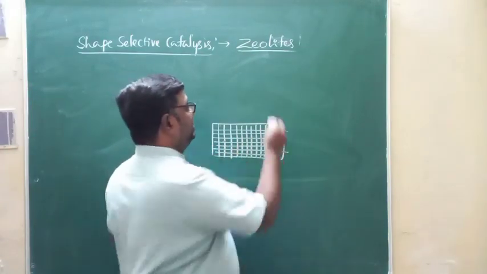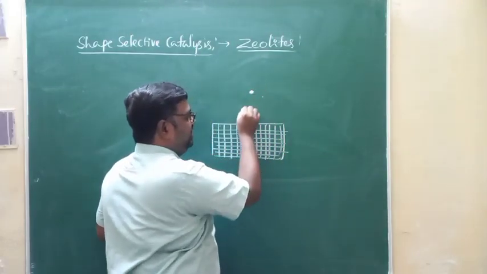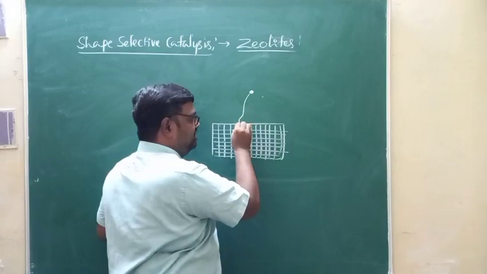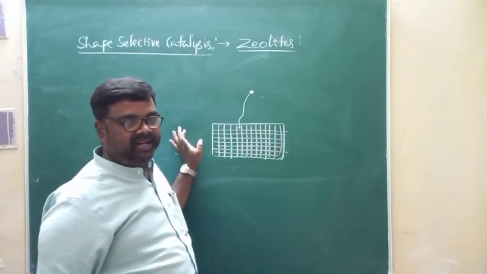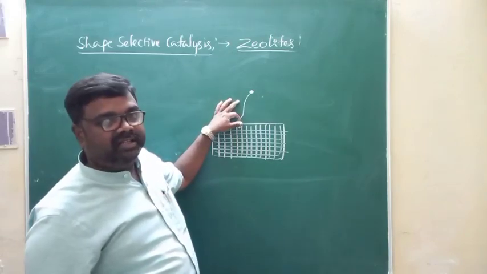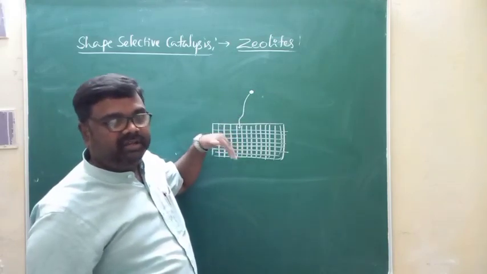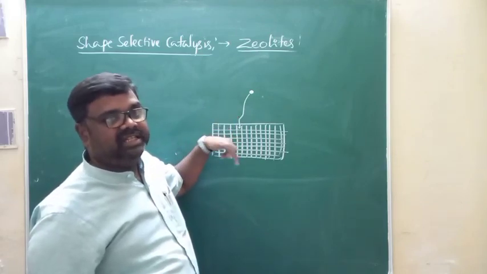Just imagine if the reacting molecule is small enough to enter into the cavities of zeolites, then only zeolites can bring about catalysis of a reaction. At the same time, the products formed during catalysis should leave the cavities as soon as they are formed.